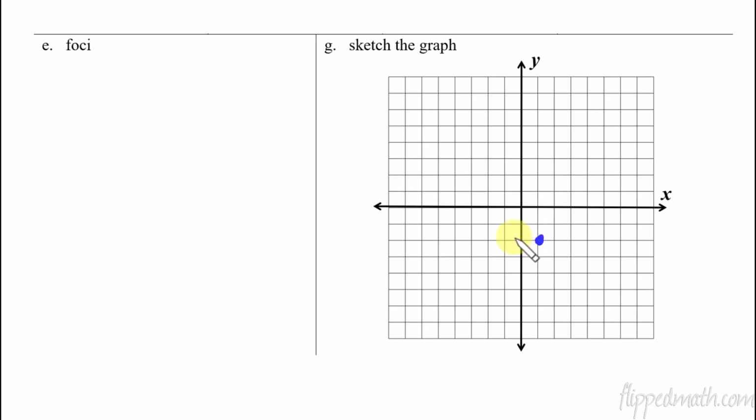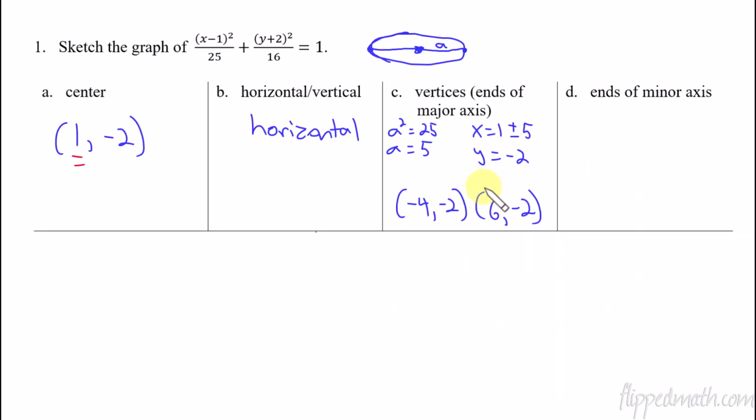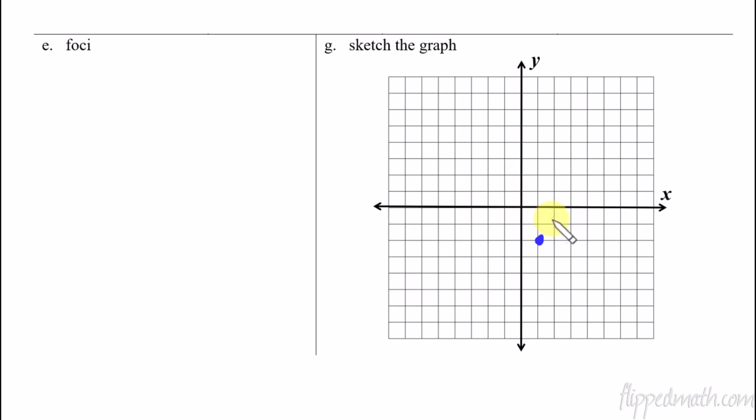So we have the center of our graph, and then -4, -2, and 6, -2. Or I could just remember that A is 5, and I could count. So if I wanted to just count 5, 1, 2, 3, 4, 5, 1, 2, 3, 4, 5, and then there's my vertices, or the ends of the major axis. And you can double check that those coordinate points are correct.